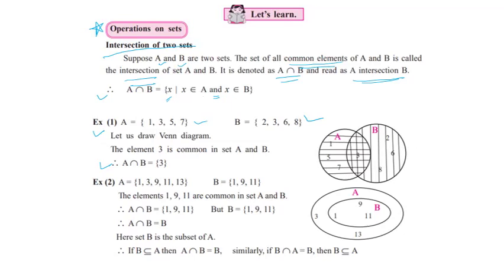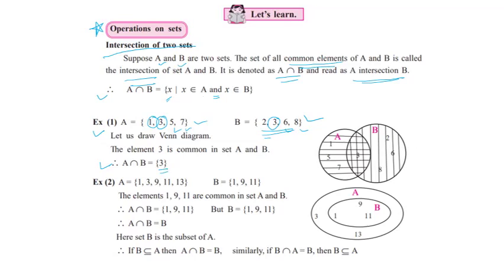The first element in A is 1. 1 is present in A but 1 is not present in B. Therefore 1 is not common. Next, 3. 3 is in A and 3 is in B also. Therefore 3 is the common element. Then 5 and 7 are not in B, and 6 and 8 are not in A. Therefore only one element is common, that is 3. Therefore A intersection B contains 3.